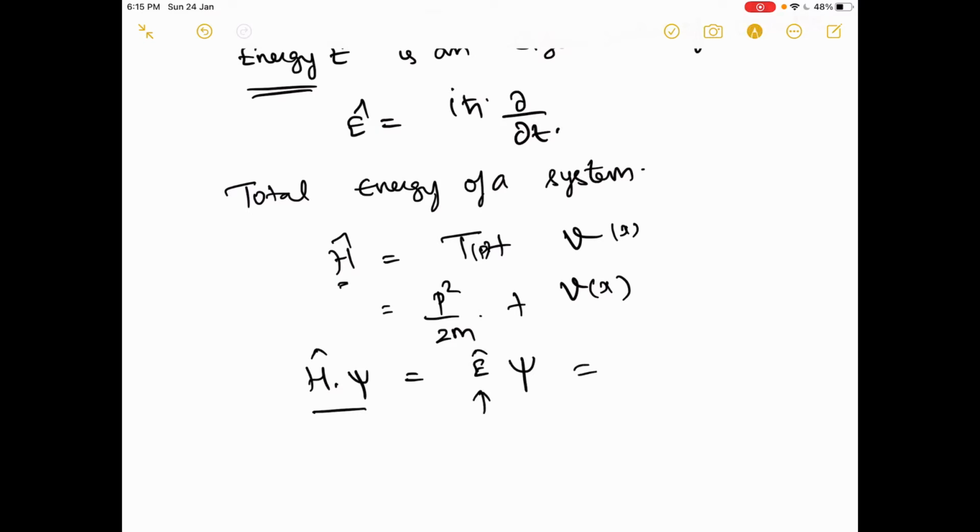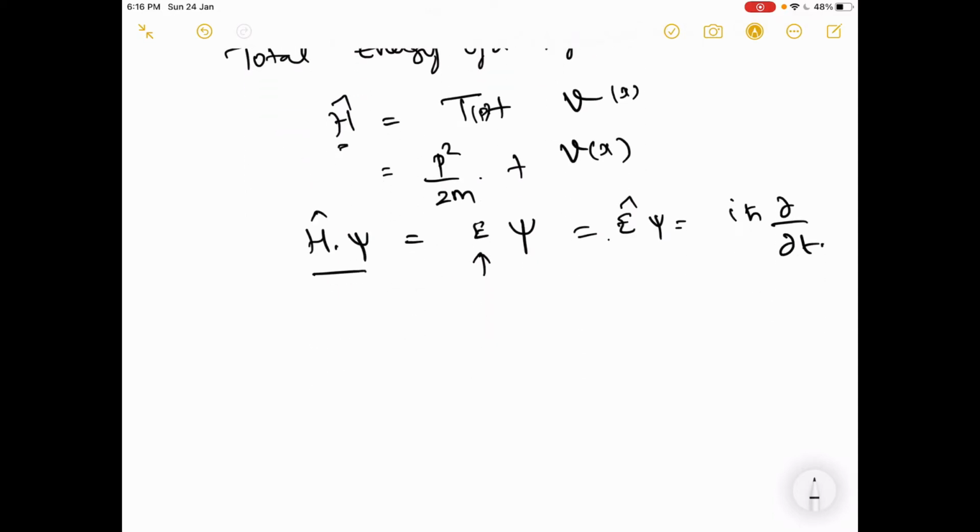Okay, sorry, you should not have a hat here, it is not an operator. It is E psi, which is i h bar dou by dou t psi. So we get back our original Schrodinger's equation, which will turn out to be i h cross dou by dou t of psi equals minus h bar square by 2m dou square by dou x square psi plus V psi, right?